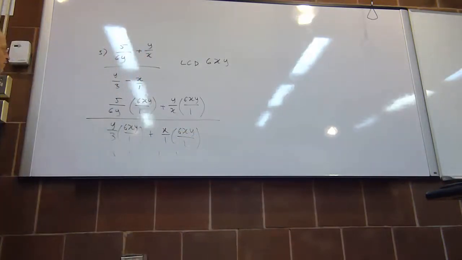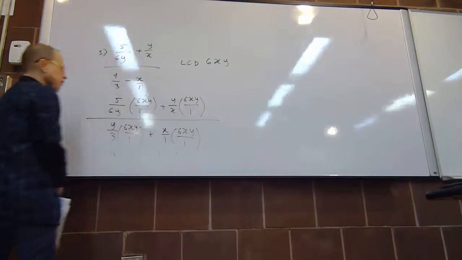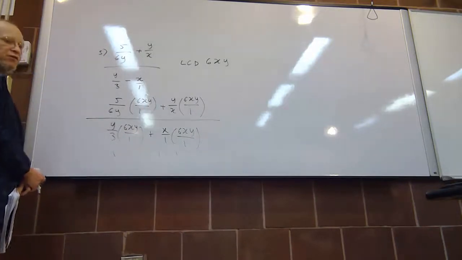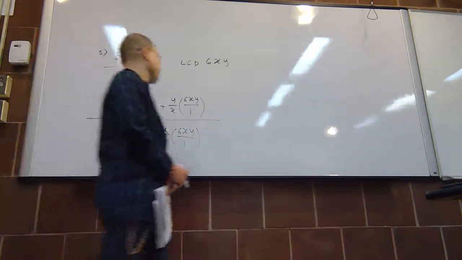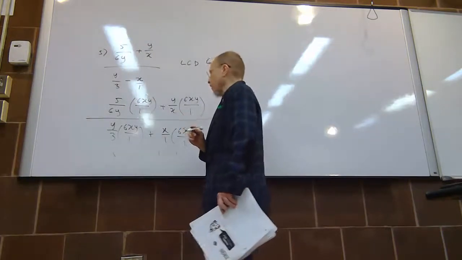So there I have it, using the lowest common denominator, and now I'm multiplying both the top and the bottom through by the lowest common denominator. So now I'm going to start simplifying it.